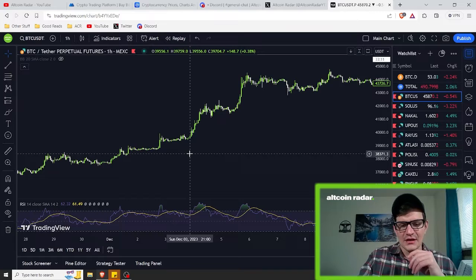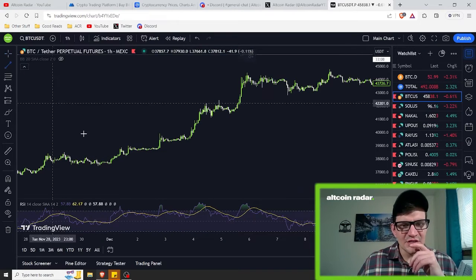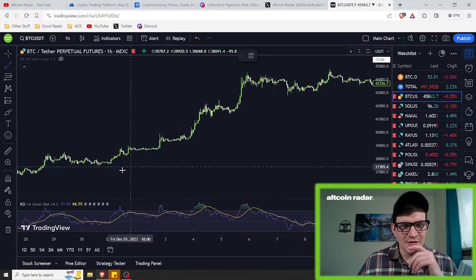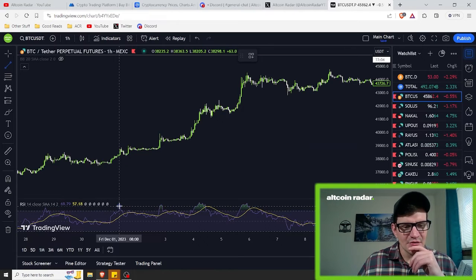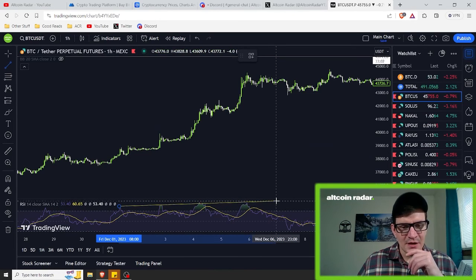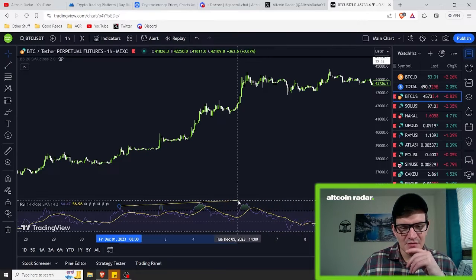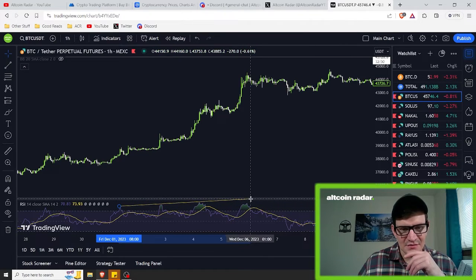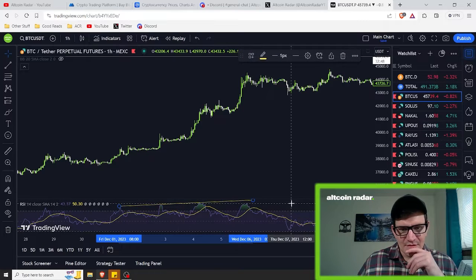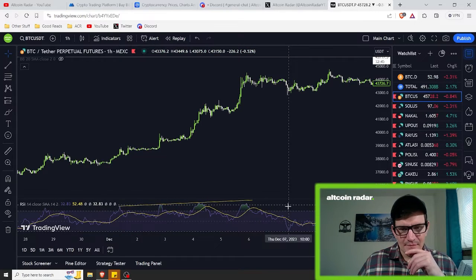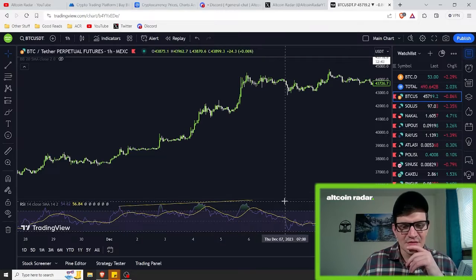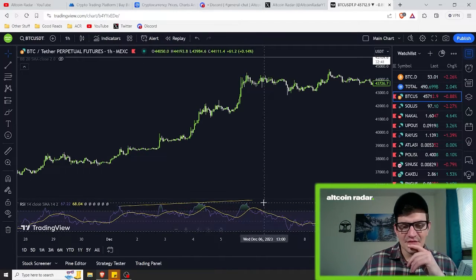Okay, so as you guys can clearly see here, we've got a giant uptrend all through here, right? Now, if we go ahead and create an uptrend line here on all of the peaks of the RSI levels, I've connected all the peaks in this uptrend on the RSI.